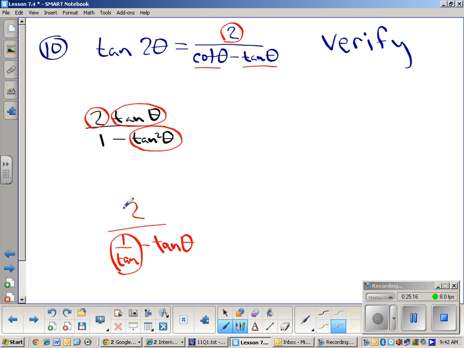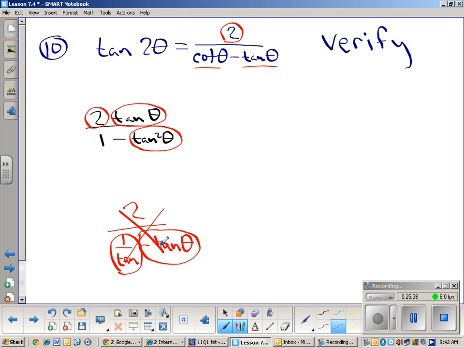And I would agree if this minus tangent wasn't there. But to manipulate factors like that, it has to be in every term. So mathematically, that's an illegal move. That's a no-no mathematically.